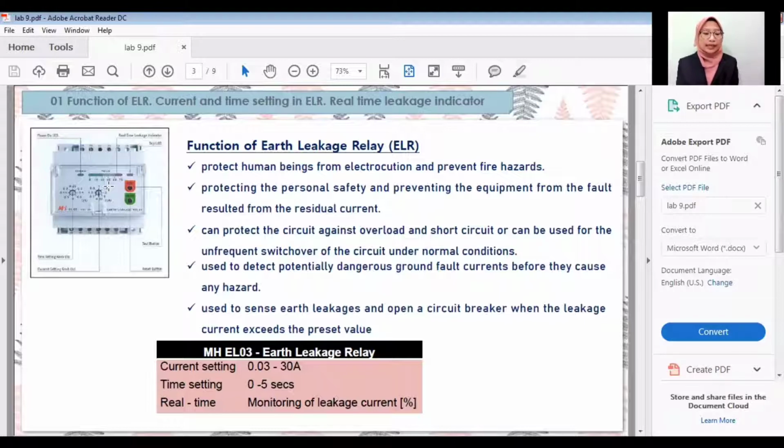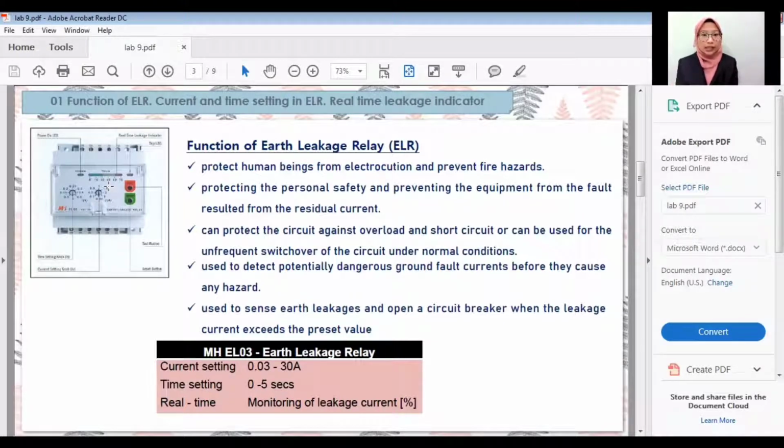When somebody gets an electric shock or the residual current of the circuit exceeds the fixed value, the relay can cut off the power within the time of 0.1 second, automatically protecting the personal safety and preventing the equipment from the fault result from the residual current. With this function, the relay can protect the circuit against overload and short circuit, or can be used for the infrequent switch over of the circuit under normal conditions.